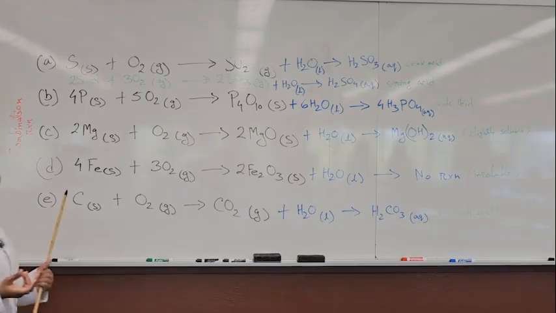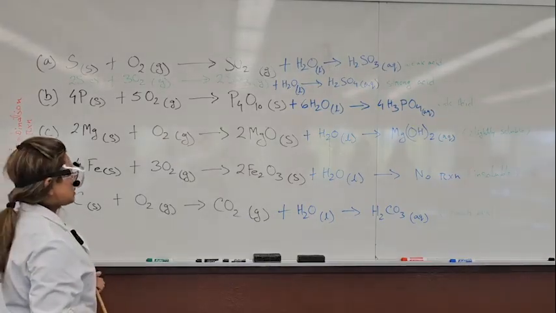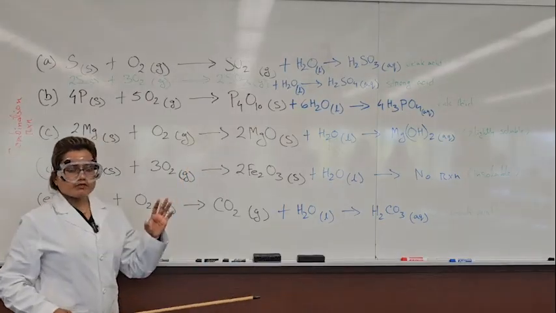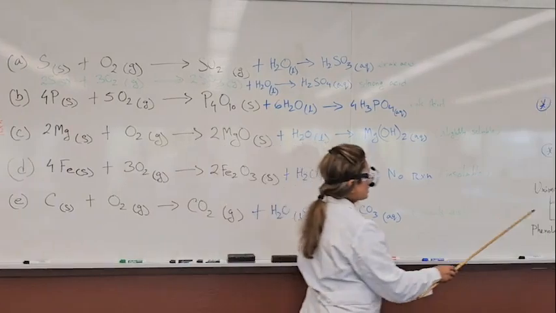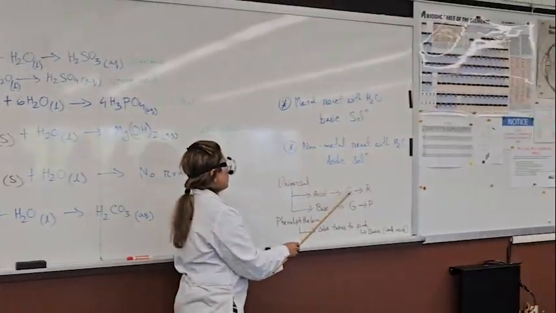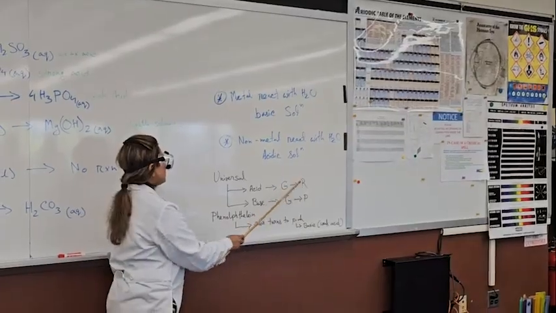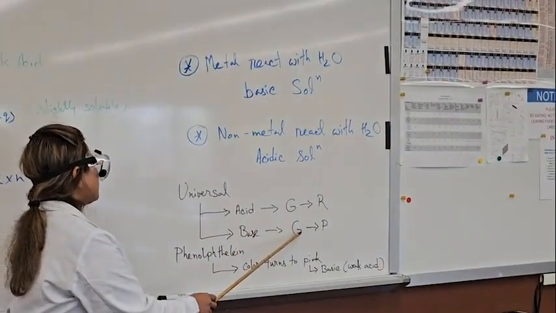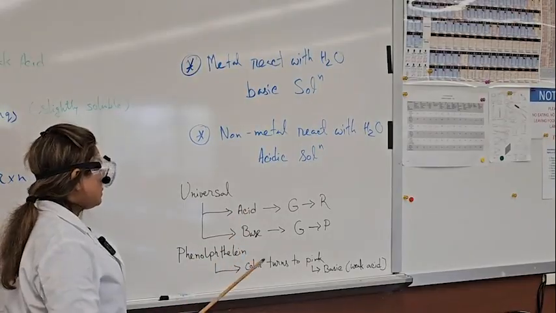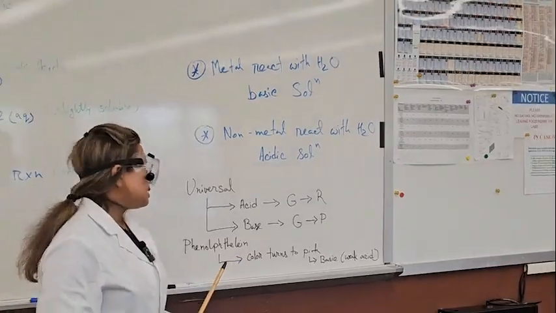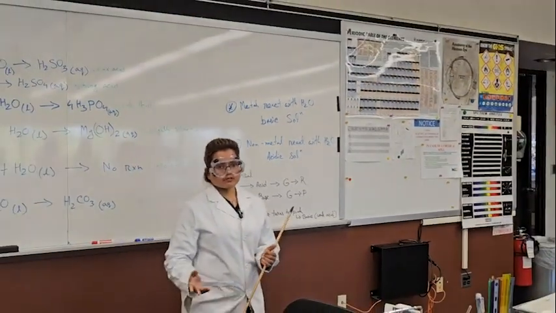Metal reacts with the water and makes a basic solution. And as I said, universal and phenolphthalein are the two indicators we use. If your color goes from green to red, it is acid. If it goes from green to pink, it is basic. And if phenolphthalein turns pink, that means it's a basic solution. Thank you.